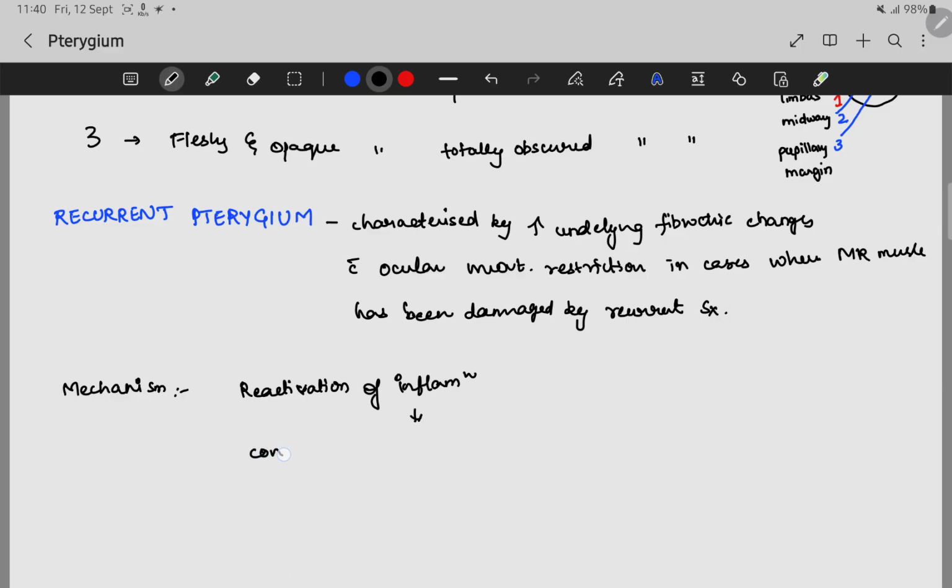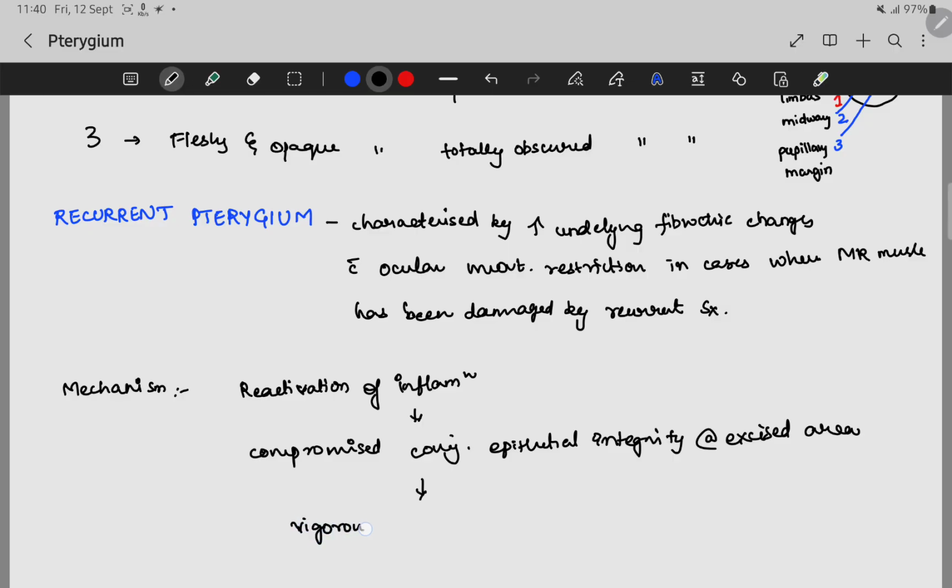There is compromised conjunctival epithelial integrity at the excised area, because of which there is vigorous fibrovascular proliferation.